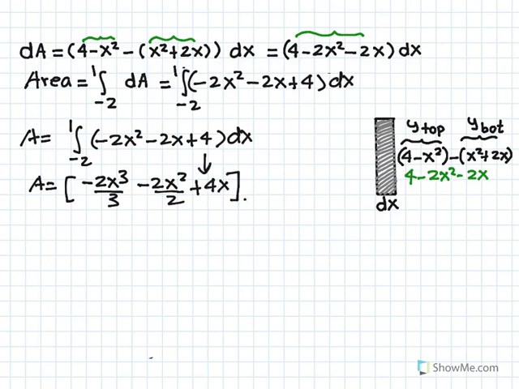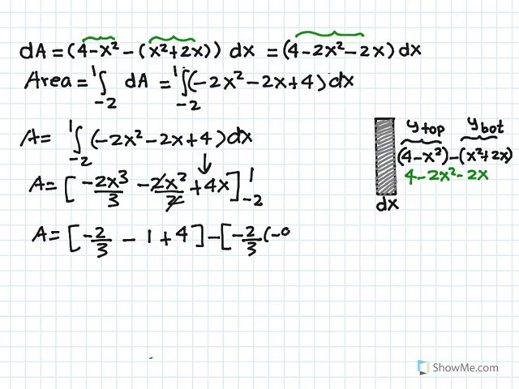Apply the fundamental theorem of calculus from negative 2 to 1. Putting the upper limit in, we get the area is equal to minus 2/3 minus, the 2's cancel out, 1 plus 4 times 1, which is 4, minus, now put the lower limit in, minus 2 times minus 8 over 3, minus 2 squared is 4, plus 4 times minus 2, which is minus 8.